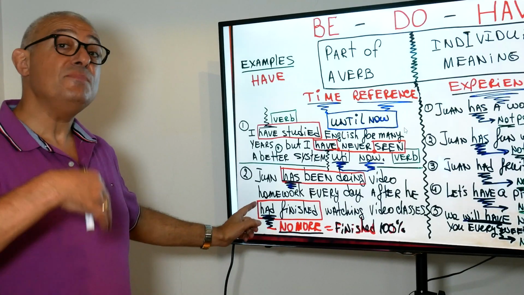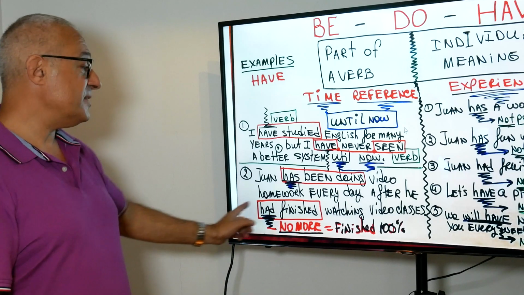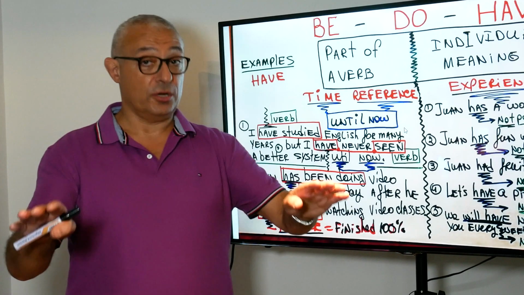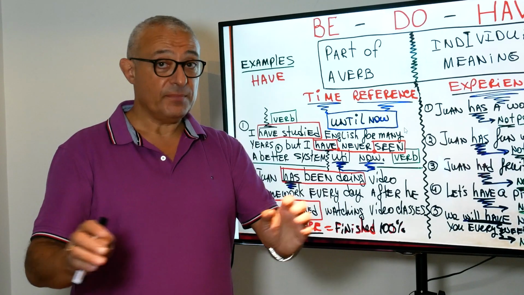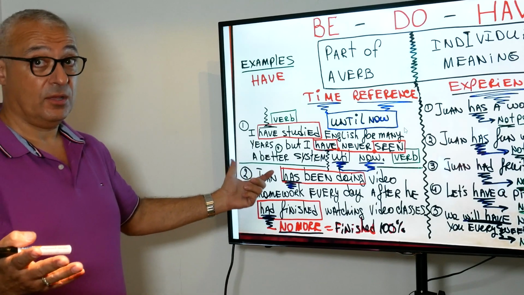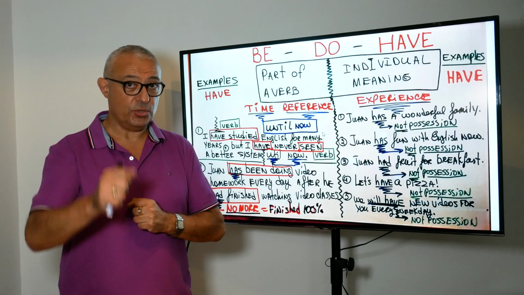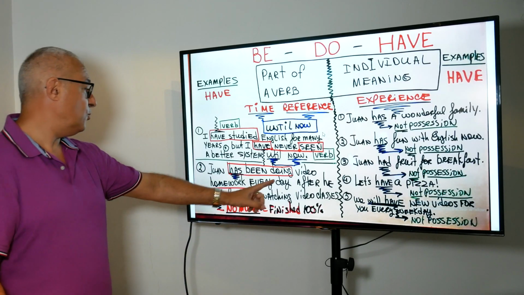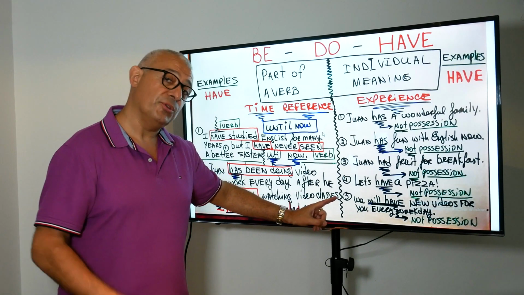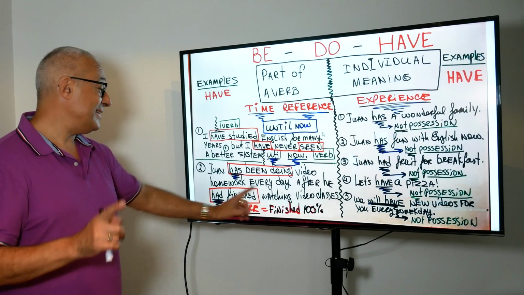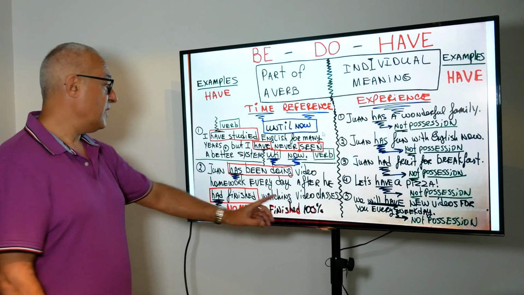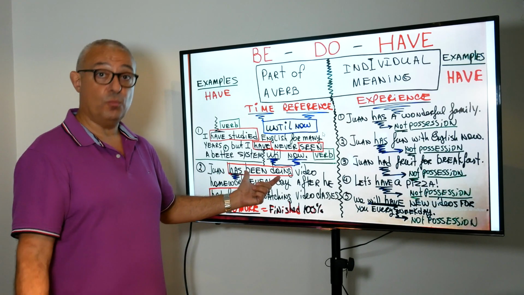Well, that tells me, when I'm listening to this part of the sentence, that he is completely, 100% finished doing something. What did he finish doing? What he finished doing is watching a video class, which is what we're doing today. So that means that he had to finish video class in order to do video homework.